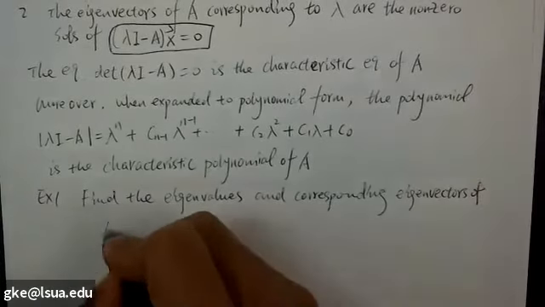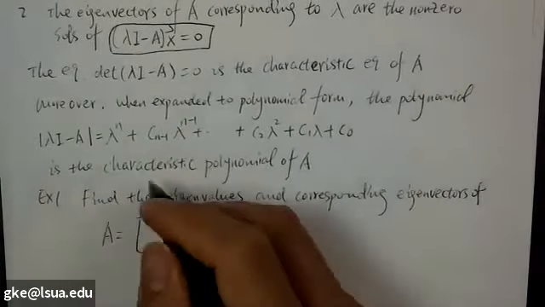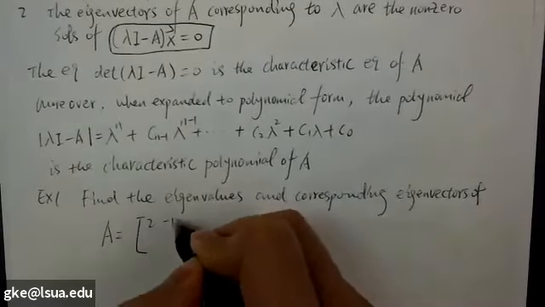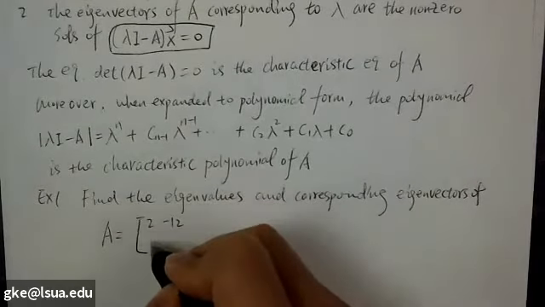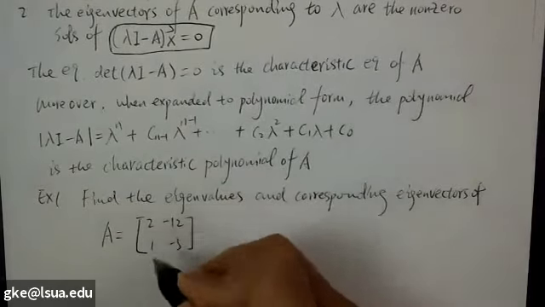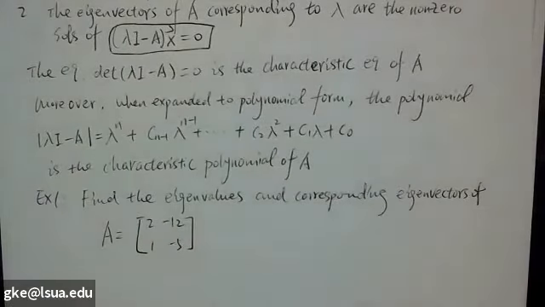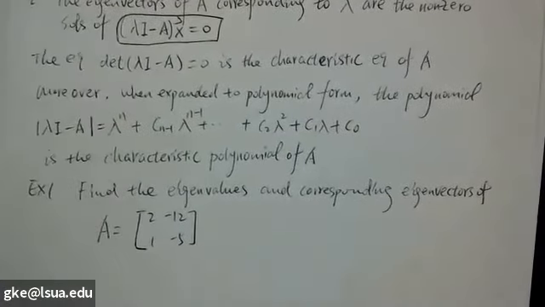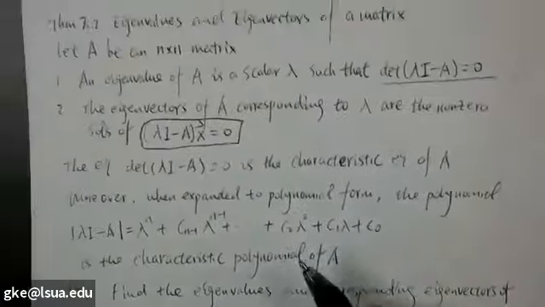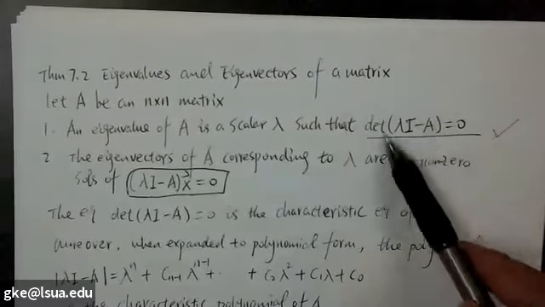Of A is [2, -12; 1, -5]. So how to find the eigenvalues? We use the formula here: the determinant of lambda I minus A equals 0.